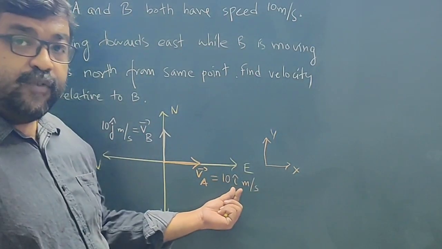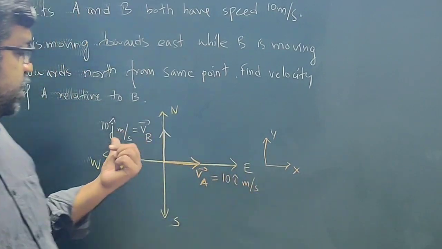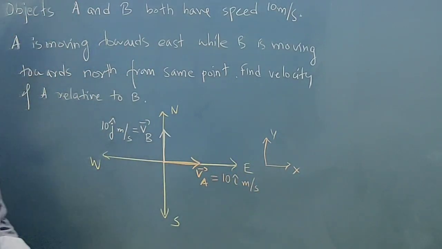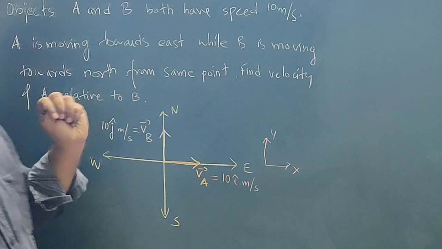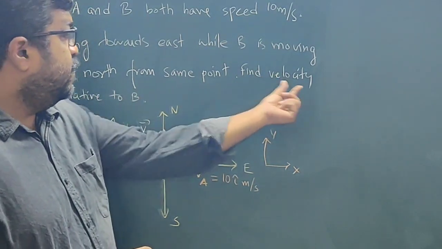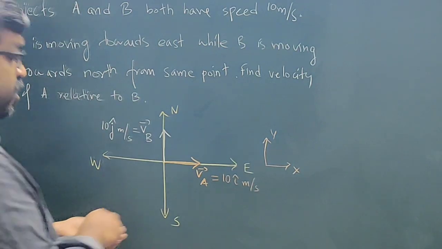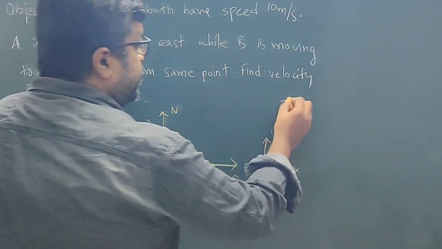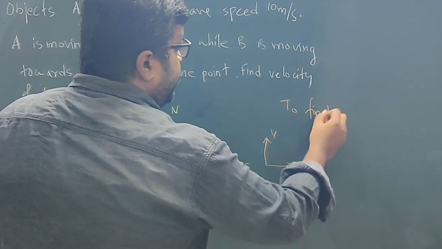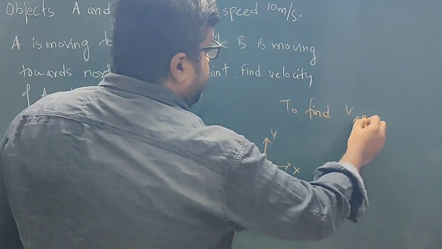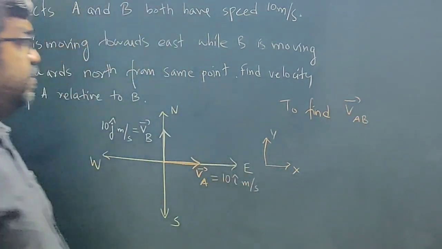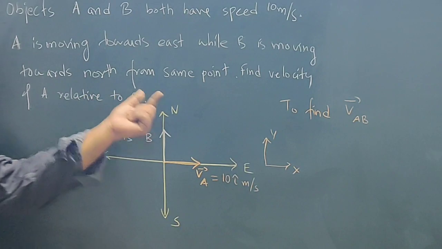Here i cap is the unit vector along x-axis, j cap is the unit vector along y-axis. Now what is to be found? Find velocity of A relative to B. So that means we have to find VAB, velocity of A relative to B.